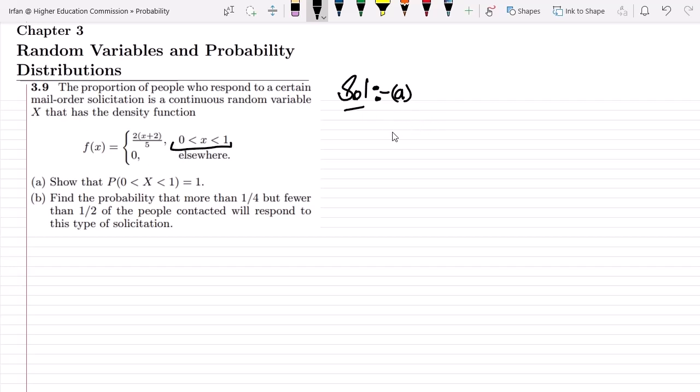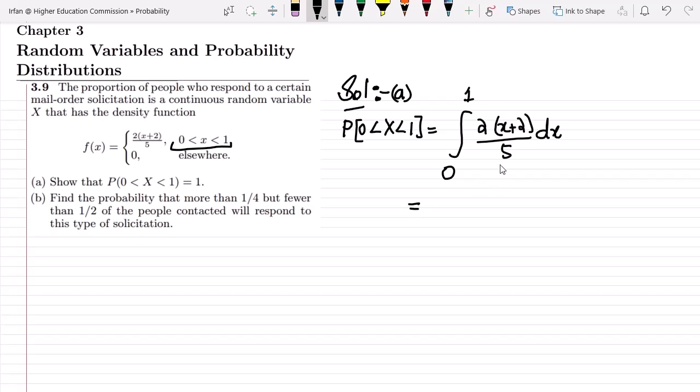Therefore, the probability of 0 < x < 1: we have to integrate the function f(x) from 0 to 1, so we write the integral of (2x + 2)/5 dx. Here the 2/5 is constant, and x + 2 has the power of 1, so the integral would be (x + 2) squared divided by 2.